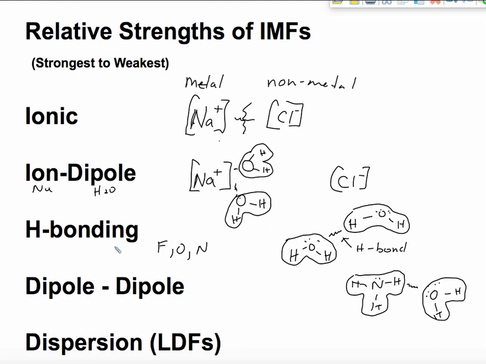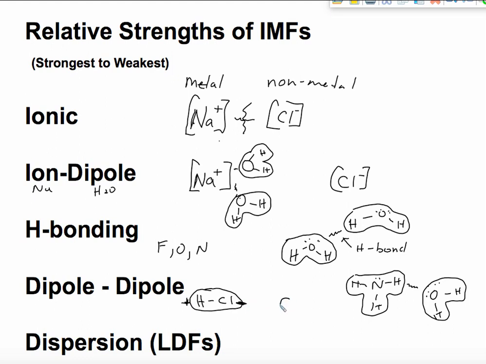Okay, a dipole-dipole force. Well, a hydrogen bond is a type of dipole-dipole, but a dipole-dipole force is an attraction between two polar molecules. Like if you had HCl, there's that molecule. The chlorine is more electronegative, so this side of the molecule is going to be negative, this side is going to be positive.